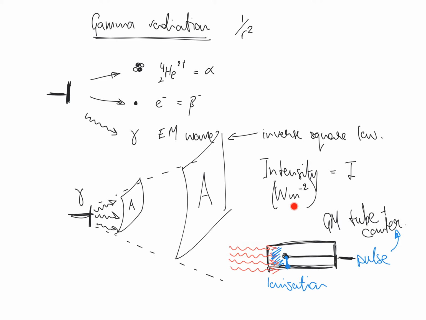So we can't directly say that the intensity is the same as the number of counts. However, what we can say is that they're going to be directly proportional. So we could say the intensity is proportional to the count rate. And of course that might be per minute, it might be per second, etc.